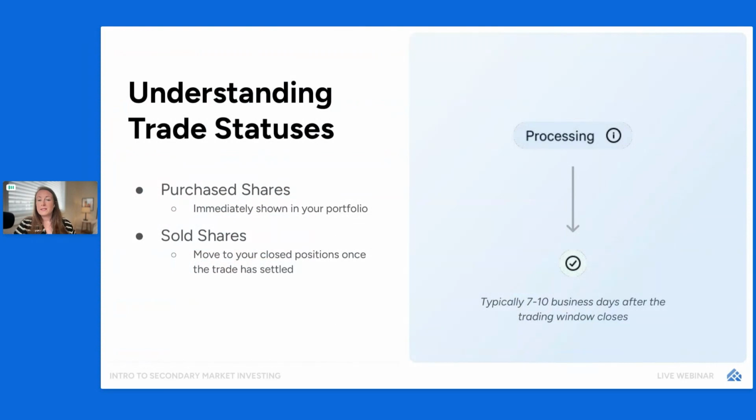That's usually going to happen 7 to 10 business days after the secondary market trading window closes, and you will see a green check mark as the status to denote that the trade has successfully settled. This is very similar to what happens when you buy one of our new properties or funds. And if you've sold any shares, the trade settling is also the moment when you see that money in your Arrived cash balance.